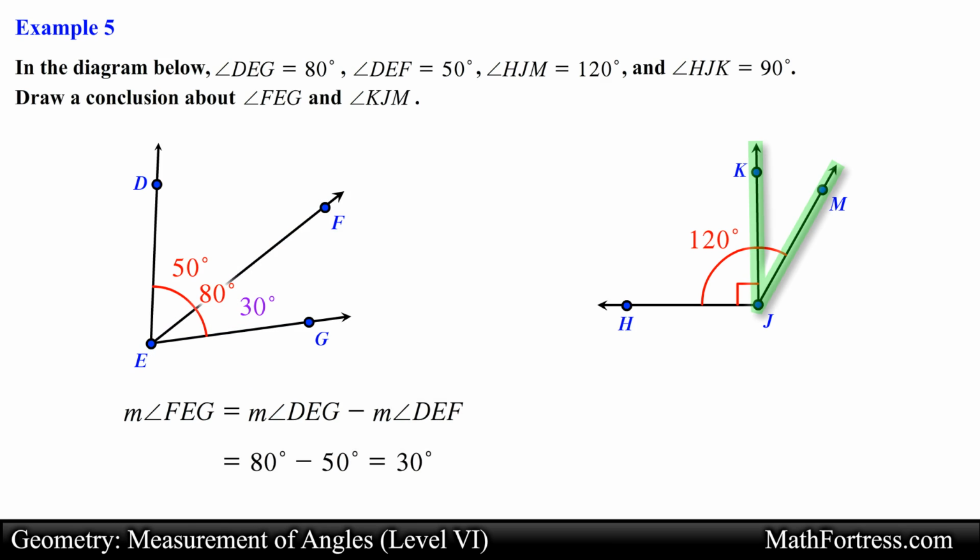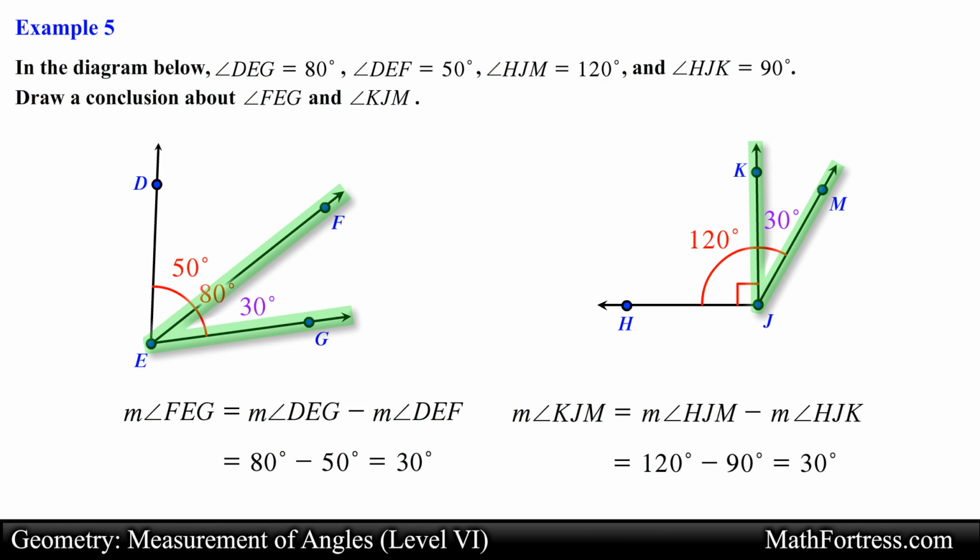Similarly, to determine the measurement of angle KJM, we can take the measurement of angle HJM and subtract the measurement of angle HJK. Doing that, we also obtain 30 degrees. Since both of these angles have the same measurement, we can conclude that angle FEG is congruent to angle KJM. And this is our final answer.